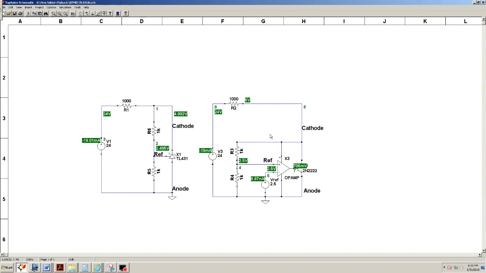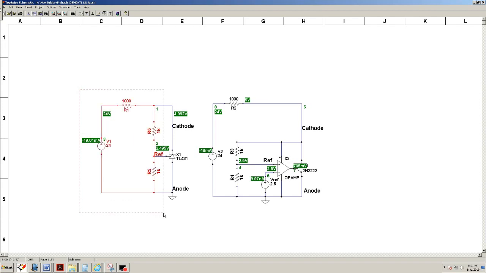Okay. So this opamp works a little bit better because the opamp that's inside has a lot more gain than this here. Okay, so that's very important.